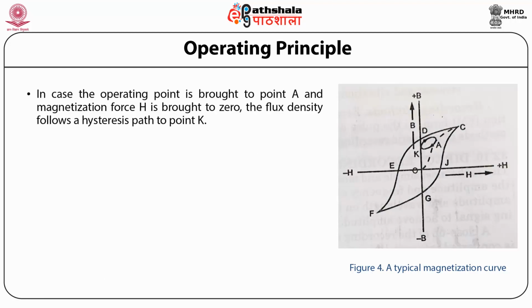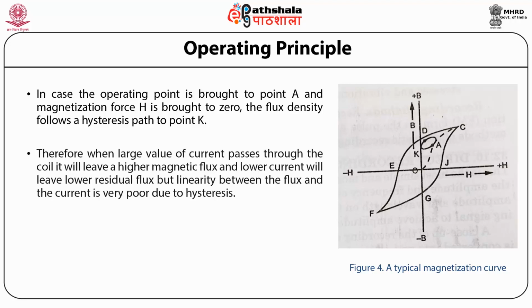In case the operating point is brought to point A and magnetization force H is brought to 0, the flux density follows a hysteresis path to point K. Therefore, when a large value of current passes through the coil, it will leave a higher magnetic flux and lower current will leave lower residual flux, but linearity between the flux and the current is poor due to hysteresis.